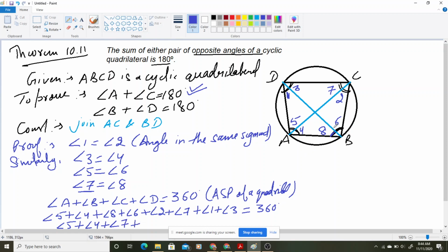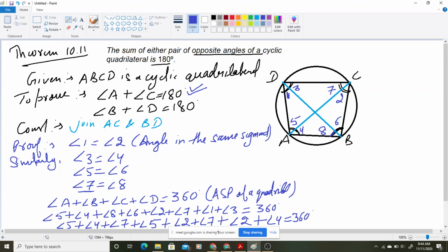Then in place of this angle 6, what can I write? Angle 5. Then angle 2 I need, angle 7 also I need, plus angle 1. See this angle 1. Angle 1 की जगह पे हम क्या रख सकते हैं? Angle 2. Because I don't need, वो वाला angle 1 नहीं चाहिए क्योंकि वो D में आ रहा है, and angle 3 भी नहीं चाहिए, तो उसकी जगह पे हम क्या रखेंगे? Angle 3 की जगह पे हम रख सकते हैं angle 4, and it will be equal to 360.